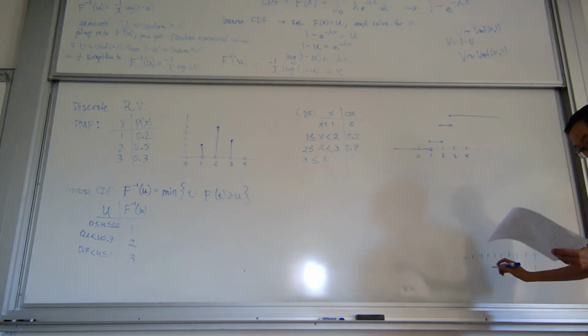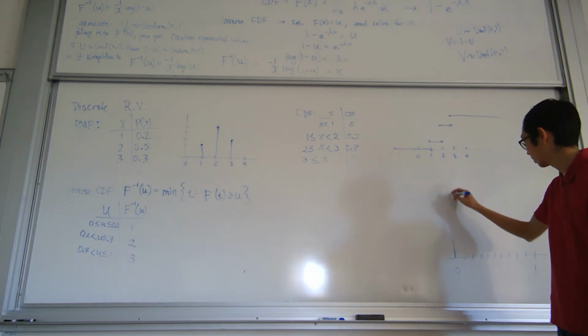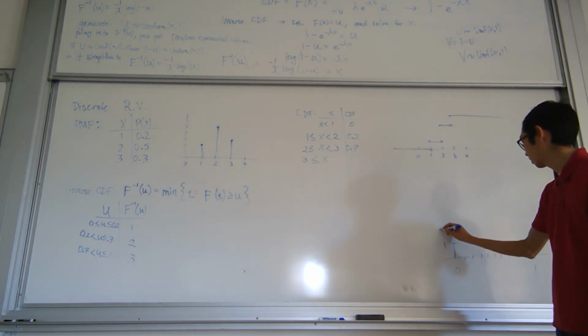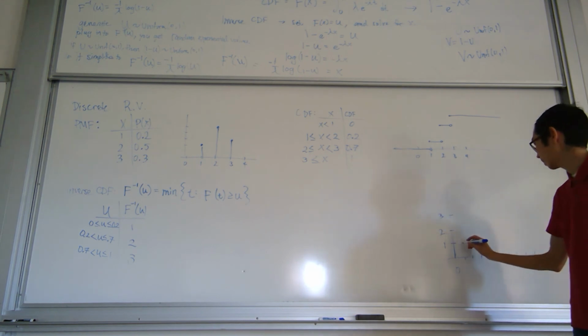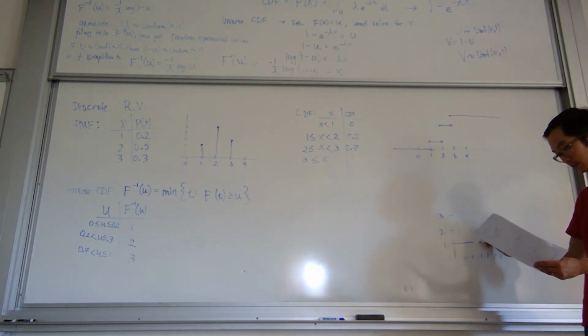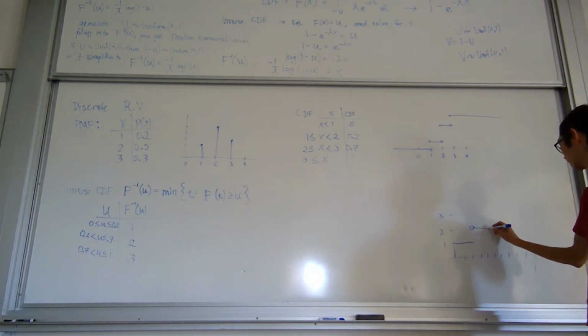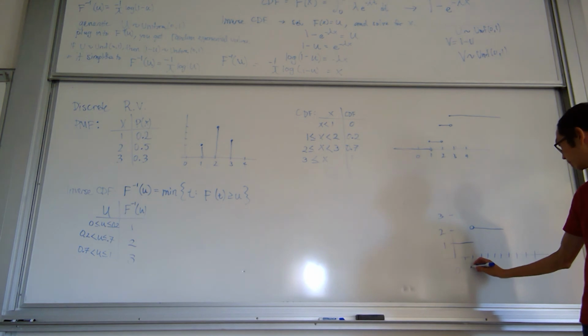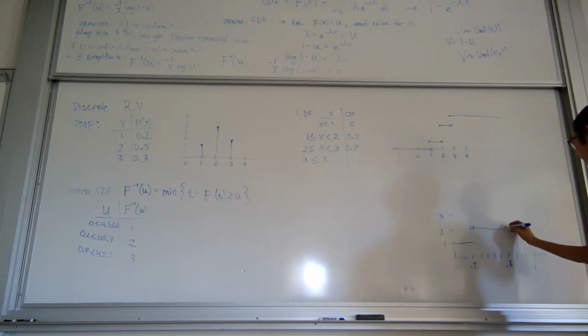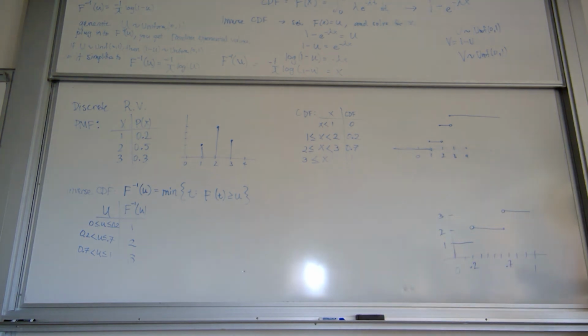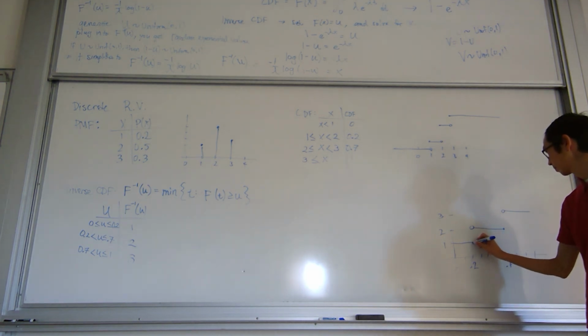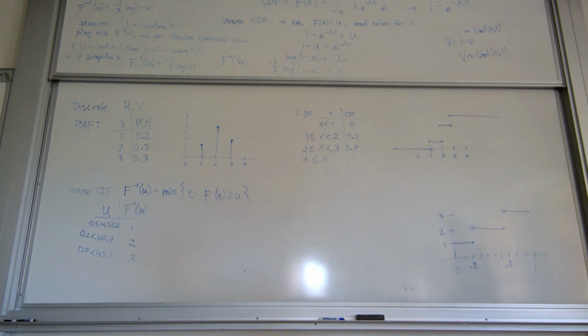So 0 to 2. 1, 2, 3, and we go from here to here. 0.7 to that. Okay. Are there any questions here?